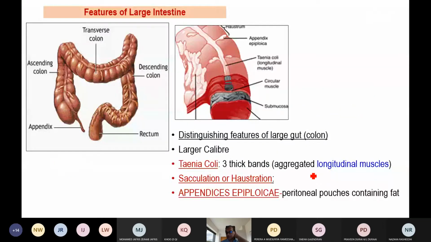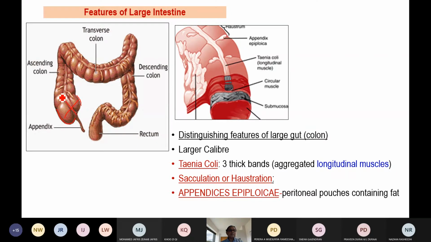Now, here you can see all the parts of the large intestine. First of all, the first part is the appendix here, but before the appendix, actually, the very first part is the cecum. The large intestine actually starts with the cecum, and the cecum is very prominent because its transverse diameter is more than the vertical diameter.